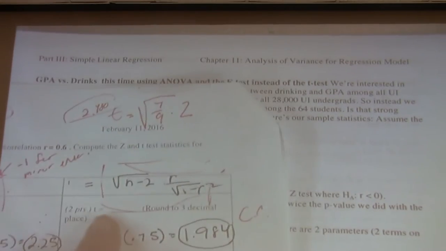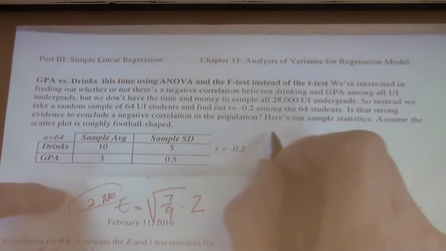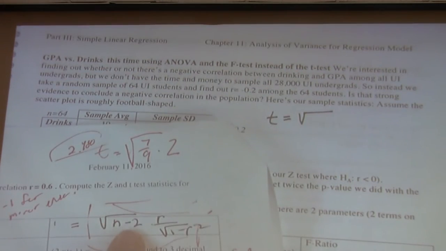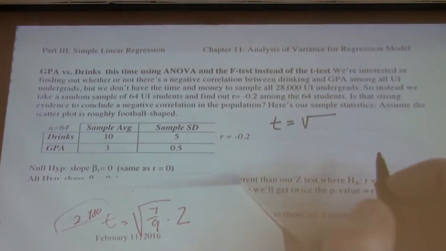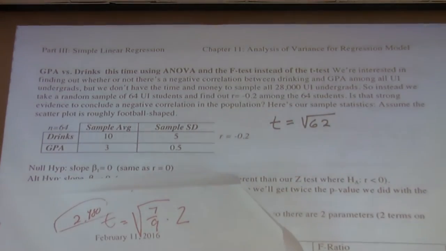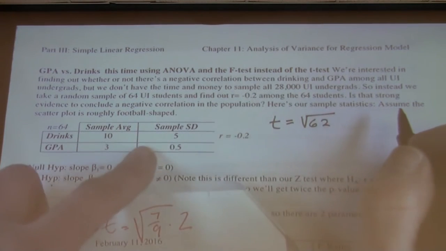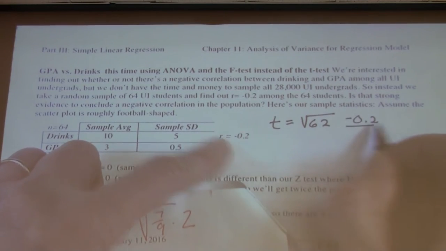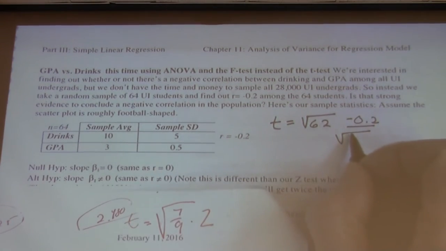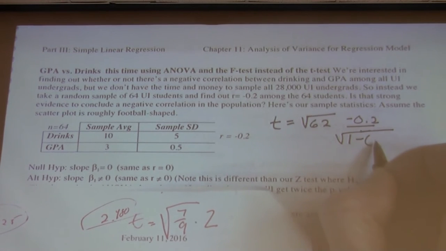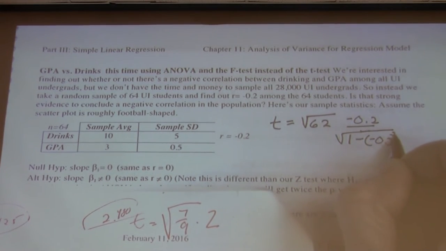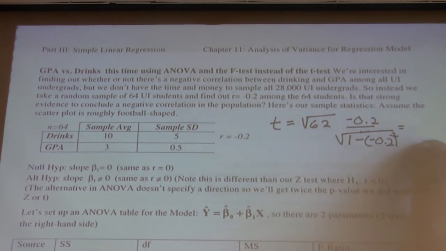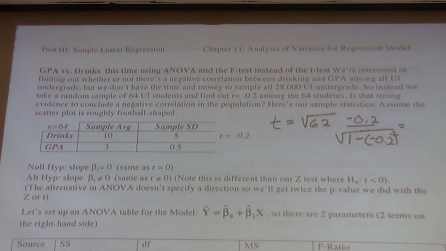So t is equal to the square root of n minus 2, which is 62, times r, which is negative 0.2, divided by the square root of 1 minus negative 0.2 squared, and we'd get a statistic right there, and we could look at the p-value, etc.